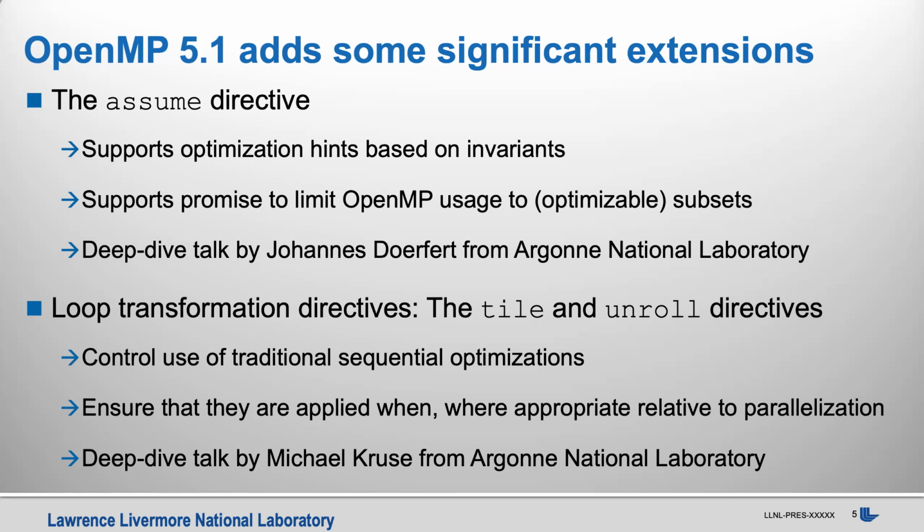So it applies to a structured block. There's several different forms, but basically it allows you to say that some invariants will hold, and these invariants can include things such as a promise not to use some OpenMP constructs, or even larger portions of OpenMP.